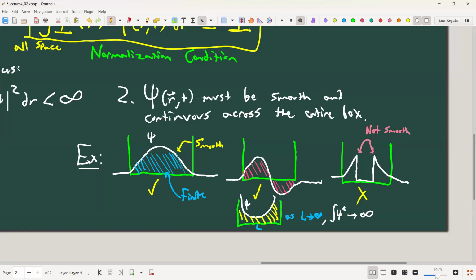But that's also really helpful for us, because what that means is that systems that may physically give wave functions that look like this that are problematic aren't real physical systems. So it's not like we're going to hit a point in our calculations where we have systems in real life that are not continuously smooth.